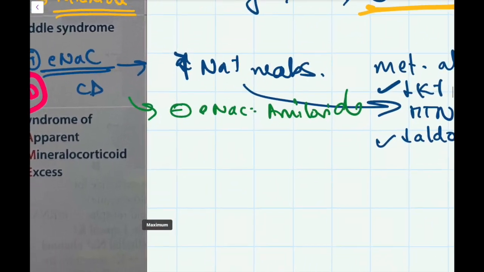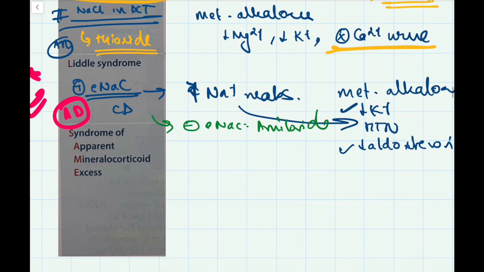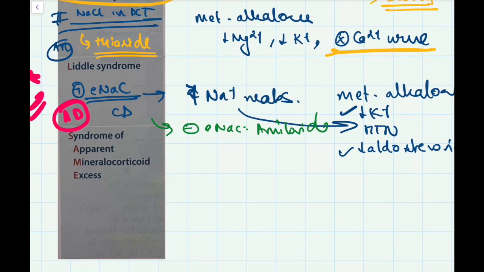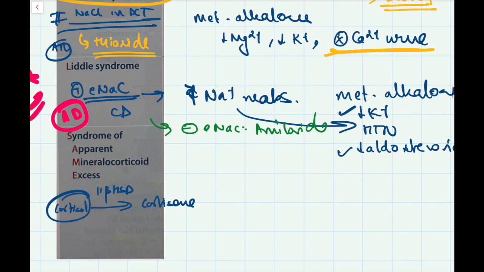Next is SAME, which stands for Syndrome of Apparent Mineralocorticoid Excess. It is due to the deficiency of 11 beta HSD, which is responsible for the conversion of cortisol to cortisone. So due to the increase in cortisol, there is increased activation of the mineralocorticoid receptors. This will again cause metabolic alkalosis, hypokalemia, and hypertension, but with a decreased serum aldosterone.